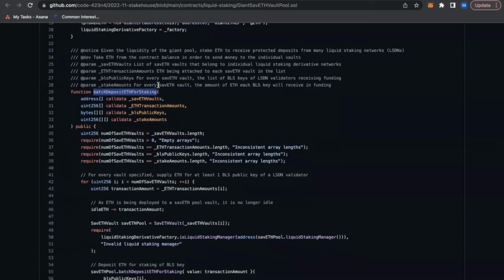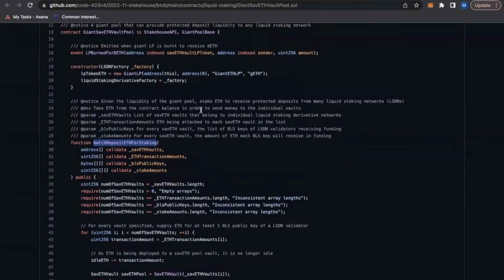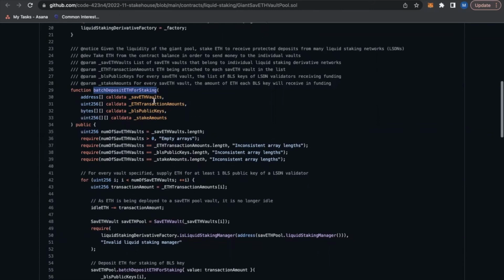And this here is the batch deposit ETH for staking function. This is mostly called by the node operators. Assume the ETH has been collected in the giant protected staking pool. A node operator from one of the LSD networks sees that the ETH is sitting here and calls the batch deposit ETH for staking function.